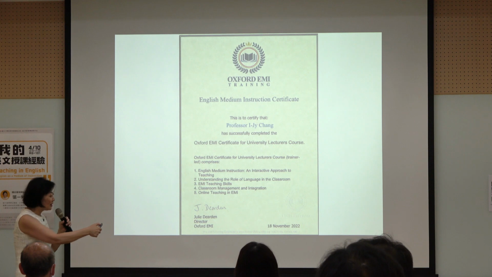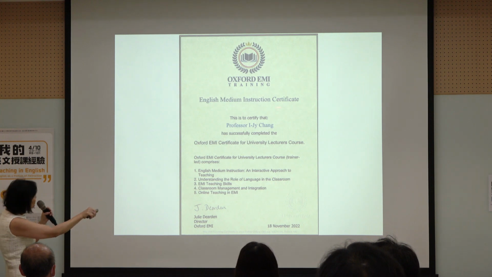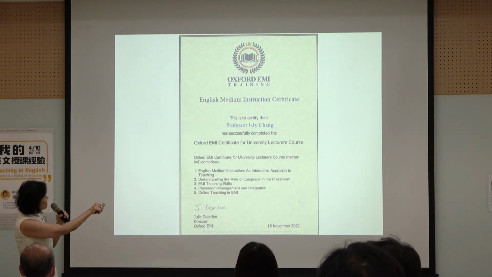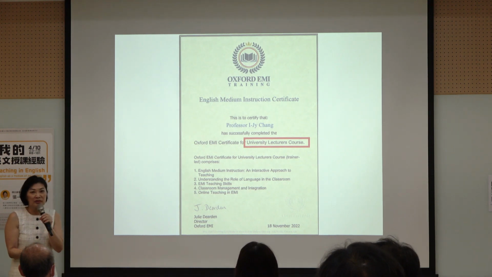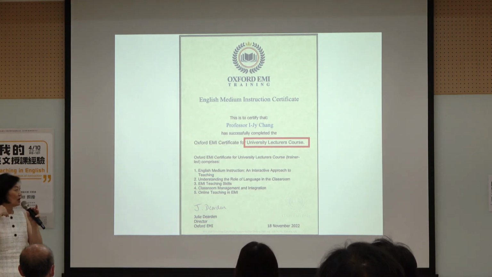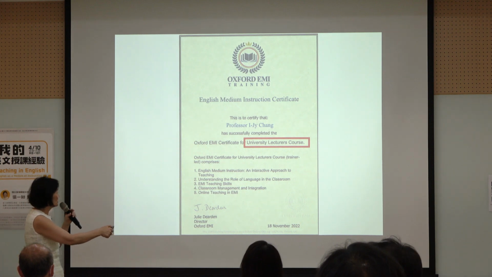Then the university switched to Oxford. So this is again an EMI certificate, but this one is more for university lecture courses. It's not just for the subject, it's also about how to help the students you are teaching.